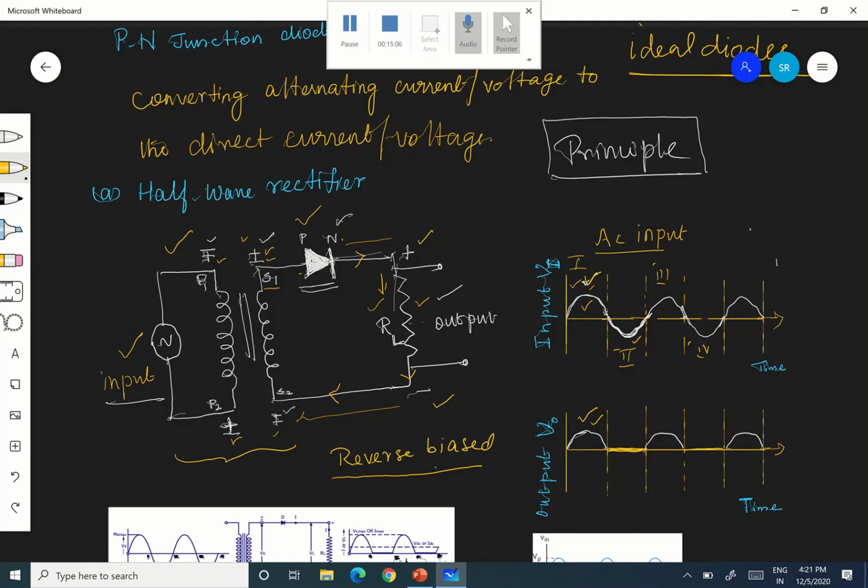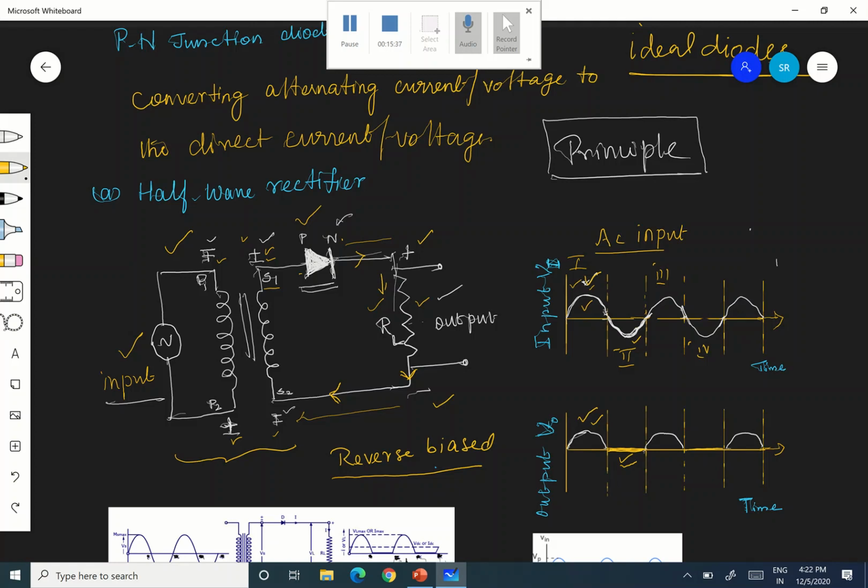This current is fully wiped out; there is no current in the circuit. The current here is only for the first half cycle. Now there won't be any current, so it is wiped out. This is for the second half cycle. There won't be any output because the diode is reverse biased.